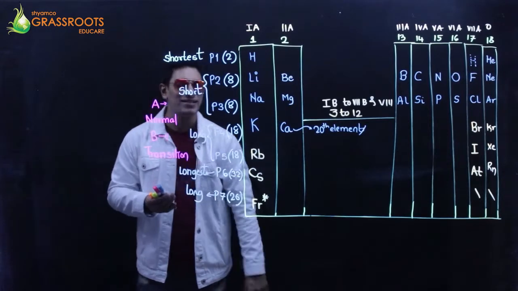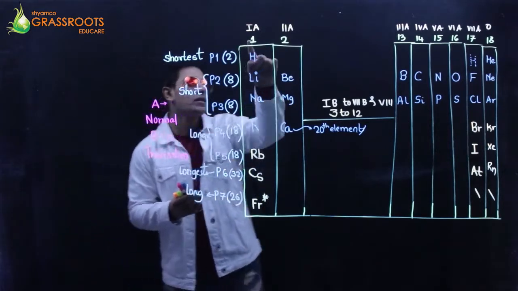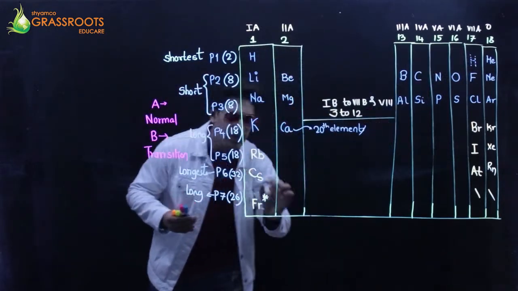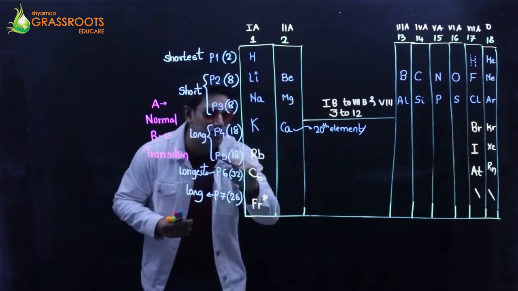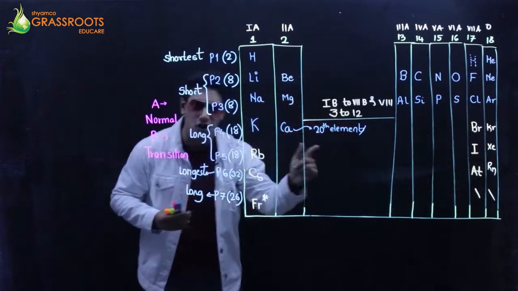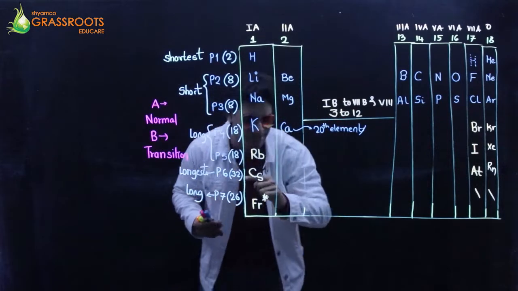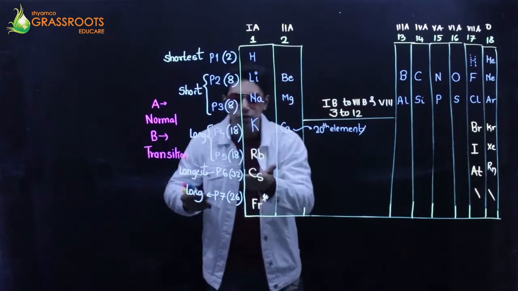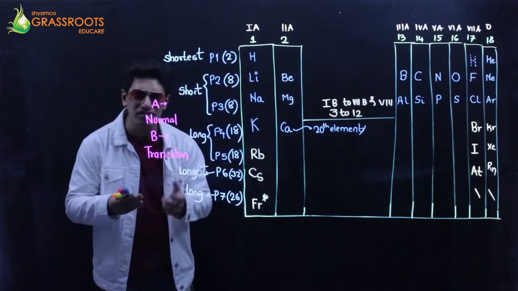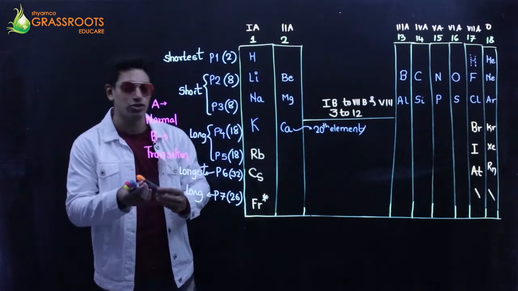Now, usually kids tell me, sir, there are 18 columns. So obviously, in period 4 there are 18 elements, in period 5 there are 18 elements. Period 6 also has 18 elements, right? Then how did you write 32? How is it possible? I tell them, nice question.